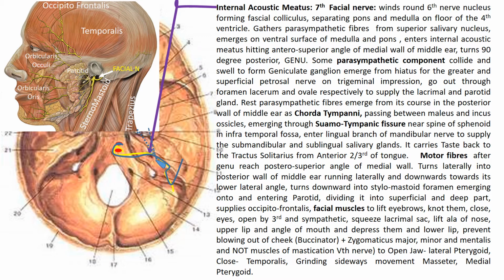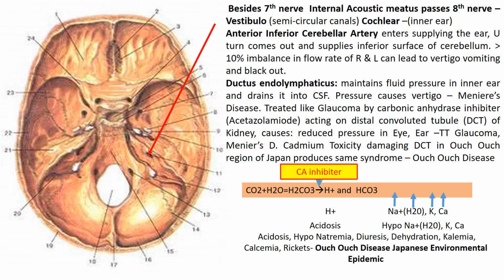So after the seventh nerve, which passes into the internal acoustic meatus, we have the eighth nerve, the vestibulocochlear. The vestibular part supplying the semicircular canals goes to the vestibular nucleus. These semicircular canals tell the position of the head in relation to gravity and at what rate it is changing.